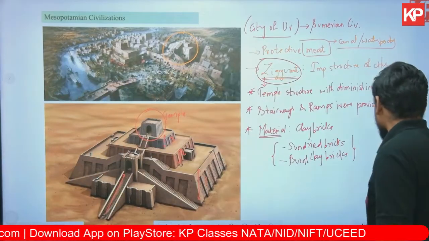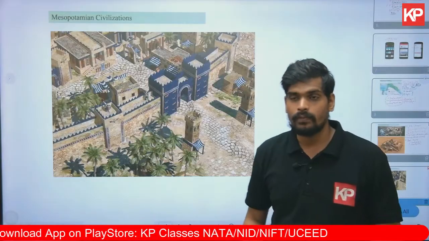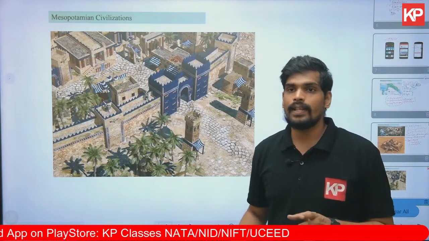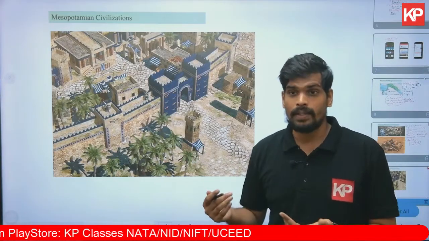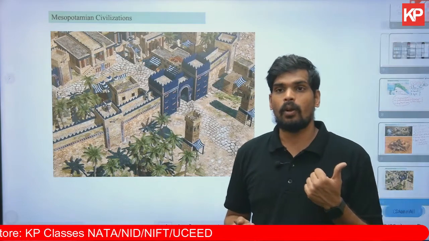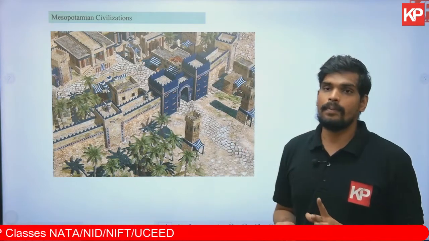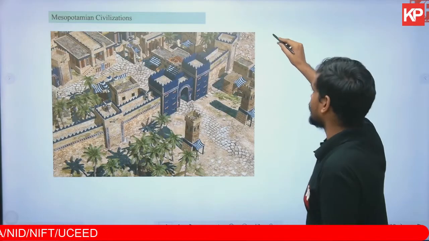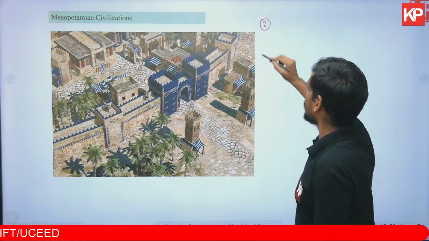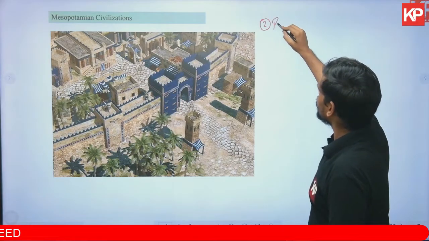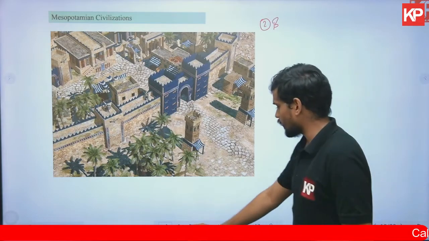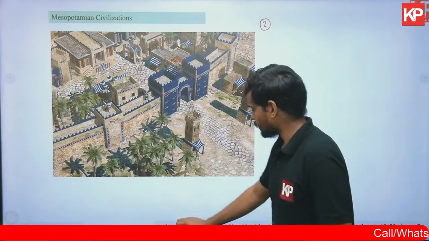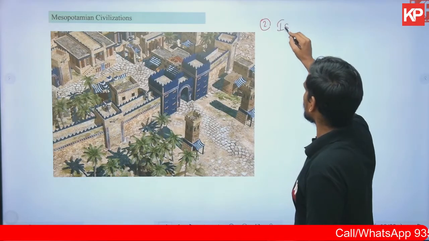The second important structure of the Mesopotamian civilization belongs to the Babylonian period. The ziggurat of Ur, I told you, belongs to the Sumerian period. This is a Babylonian period structure. The name of this is Istar Gate. This is the main gate of the city of Babylon.